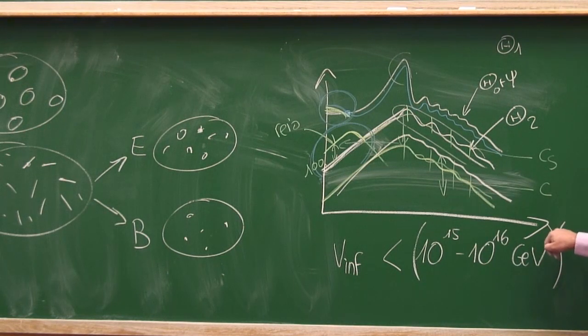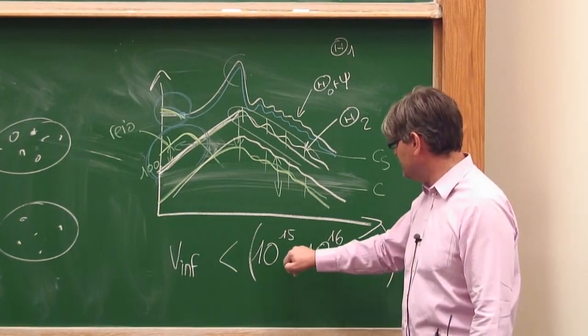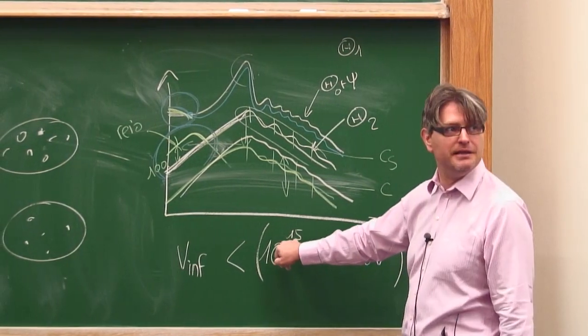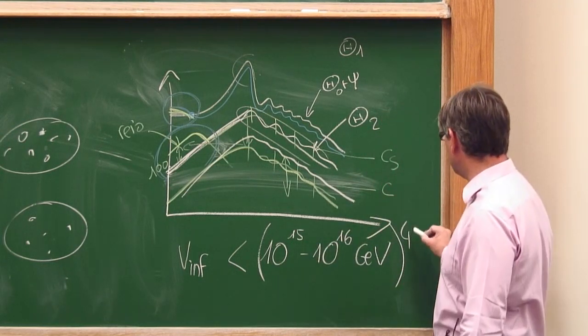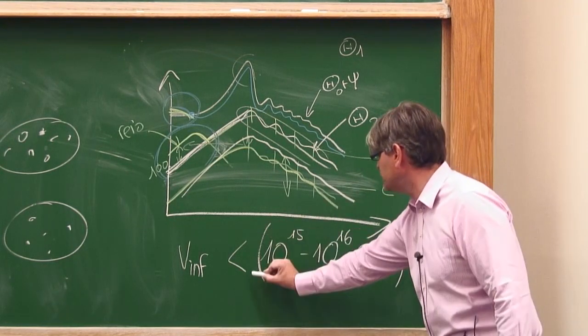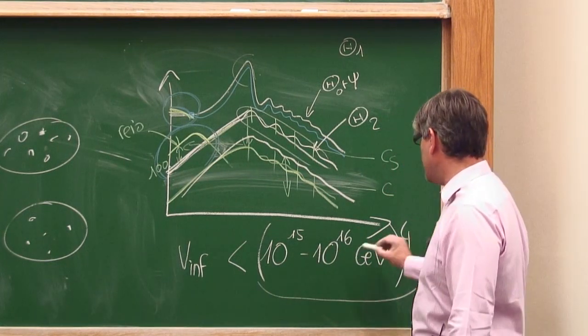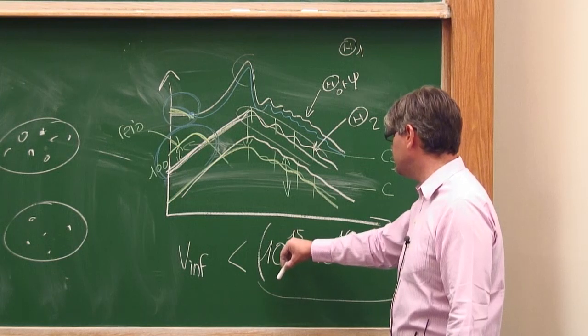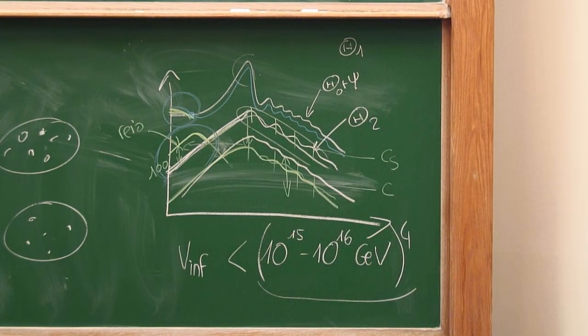So we would need an experiment that would be 10,000 times more sensitive in order to gain 1 power in this energy scale. And this will not take place. I think in the future we can gain a factor 100 on this. And so it's like a square root of 10 on this. Okay, thank you.